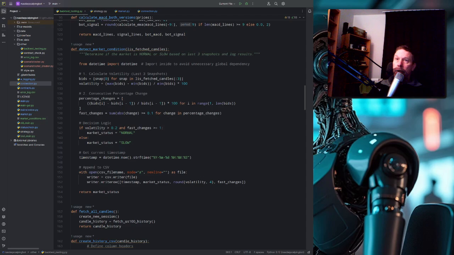I added to the code a function that we normally use in the bot, and that's new for the last couple of months, 5, 6 weeks, is detect market condition. We want to know if the market is volatile enough to open a contract and to make profit with that contract.